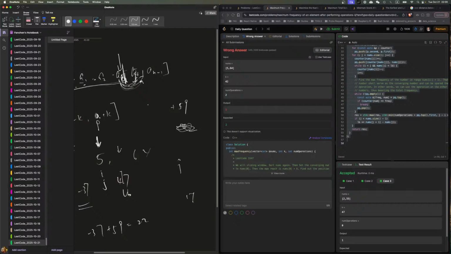Once I move to the next one, the left is interesting, because the left should be the left bound minus k. Yeah, because the bound is minus and then plus.